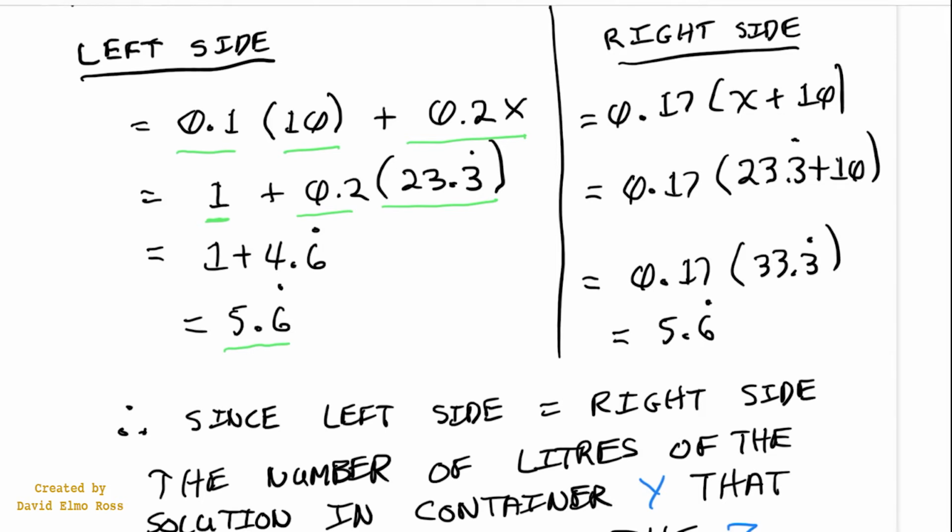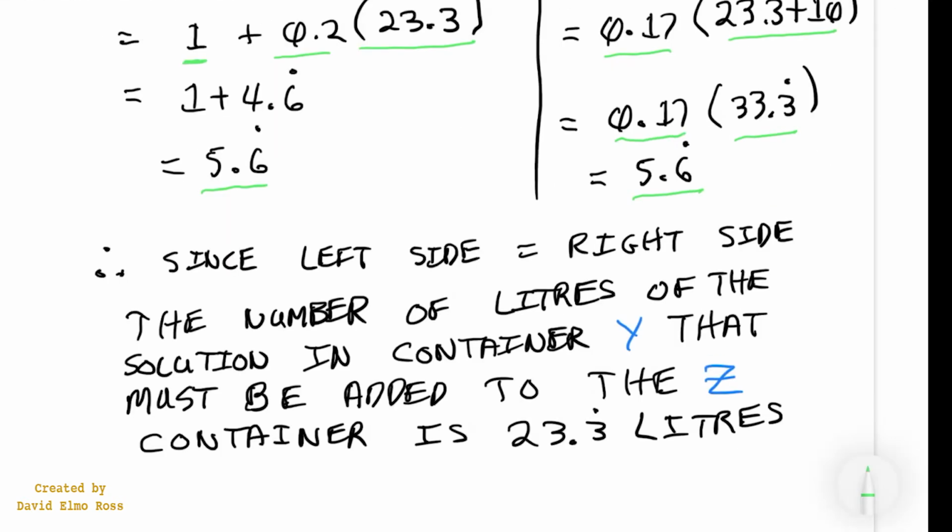On the right-hand side of our equation, we have 0.17 times (x plus 10), which is 0.17 times 23.3 repeated plus 10, which is 0.17 times 33.3 repeated, which gives us again 5.6 repeated. Since the left-hand side equals the right-hand side, the solution in container Y that must be added to Z is exactly 23.3 repeated liters.